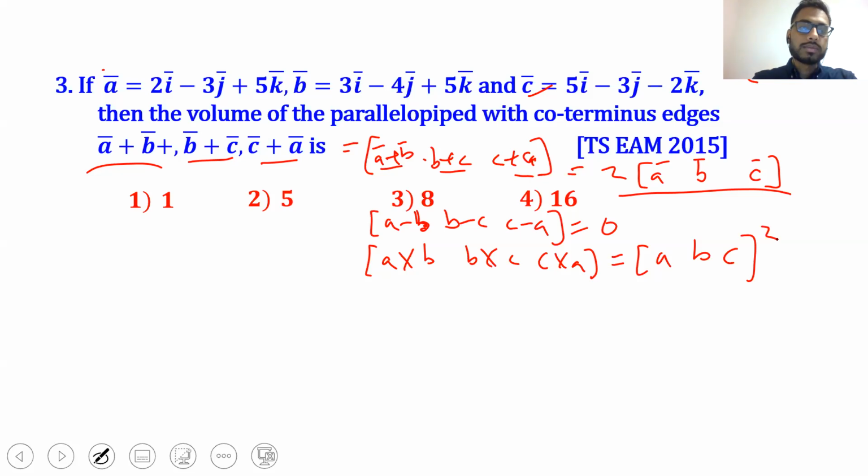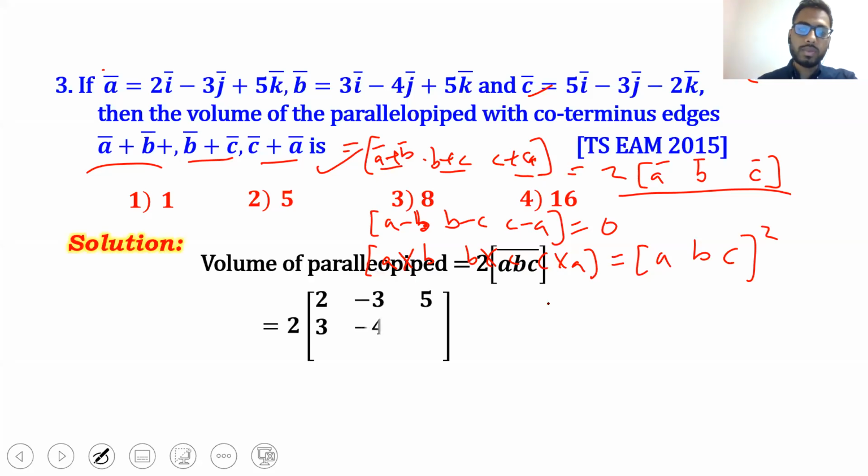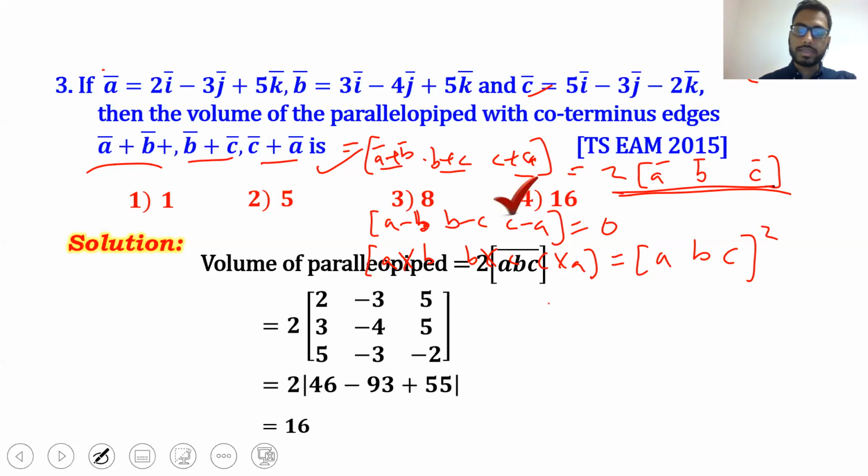Depending on which formula is required, we can use it. In this particular case, our first formula was used. So the solution is this. The volume is going to be 2 times [A, B, C]; substitute the values, expand the determinant, and we get the answer.